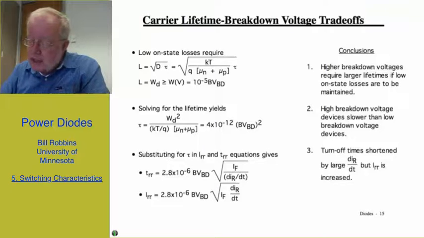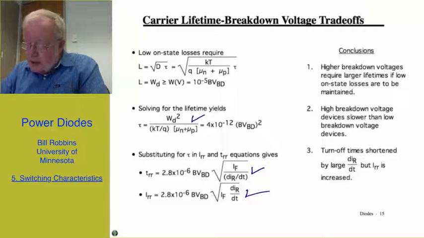So setting the diffusion length equal to the depletion layer thickness at breakdown and solving for the carrier lifetime gives the following. The carrier lifetime is given symbolically by this equation, and when you put numbers for silicon in, it is equal to 4 times 10 to the minus 12 times the square of the breakdown voltage. I can substitute this expression for carrier lifetime into the equations for T sub RR and I sub RR, and these are the results.